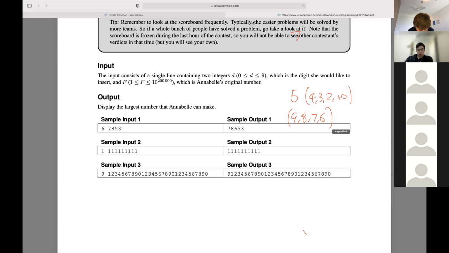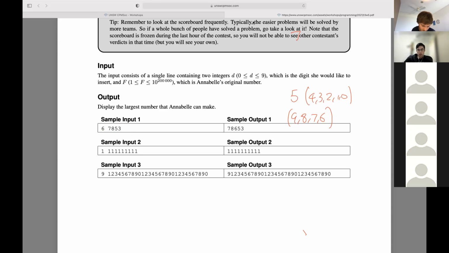So you start with your new number and loop through the original number until you find a value that is smaller than the number they give you. So loop through until we see 7, 8, and then finally 5 is less than 6. And so we put the 6 before the 5, because that will guarantee that the number is bigger.